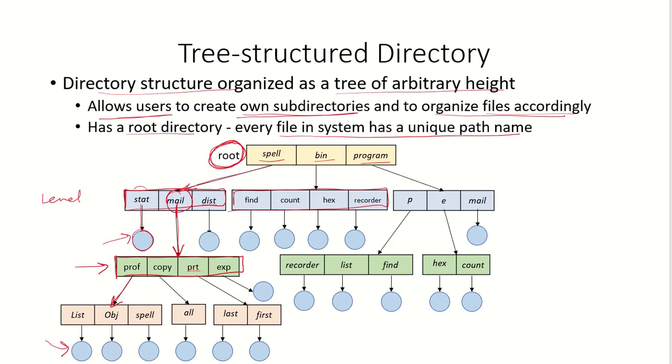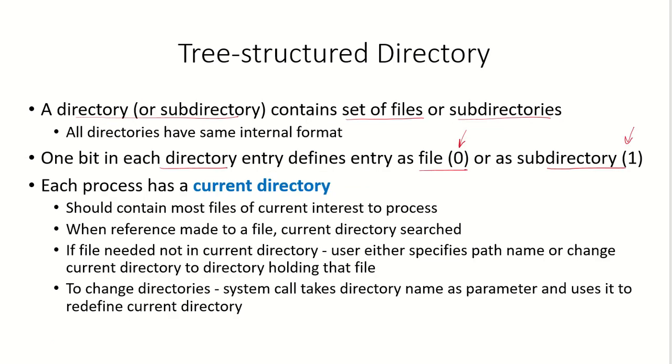So if stat is a file, it can be identified by this bit 0, and if mail is a subdirectory because it is pointing to another subdirectory over here, then it can be specified by a bit 1. Again, over here, prof is a subdirectory, copy is a subdirectory because it has this, PRT is again a subdirectory, EXP is a file, so this can be specified by a bit 0.